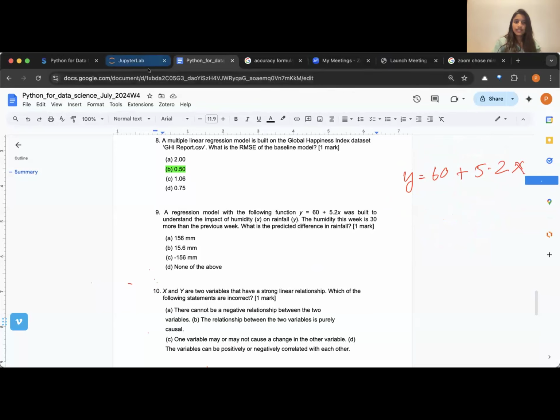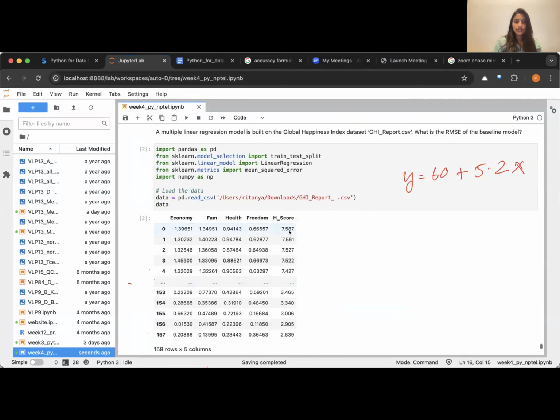H score, we are not calculating H score. H score is already given. It's part of the training data set. It's the happiness index. You would have seen statistics like the world's happiest country is Finland, right? So how do they calculate this? How do they say this?